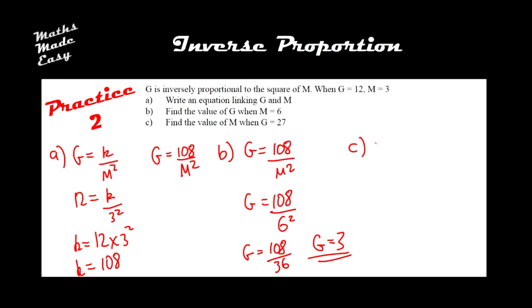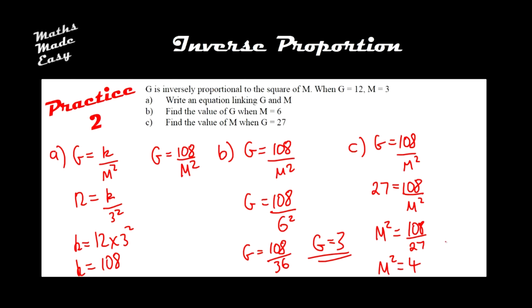For part C, we write out the formula once again, and then we substitute in 27 for G, so 27 equals 108 over M squared. Rearrange this, you'll have M squared equals 108 divided by 27, so M squared equals 4, because 108 divided 27 is 4, in which case M is going to equal plus or minus 2. That concludes this video on inverse proportion.